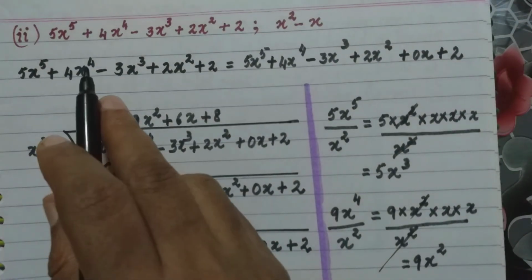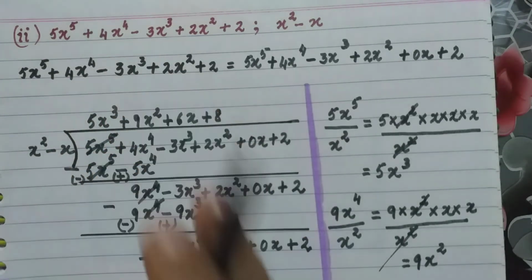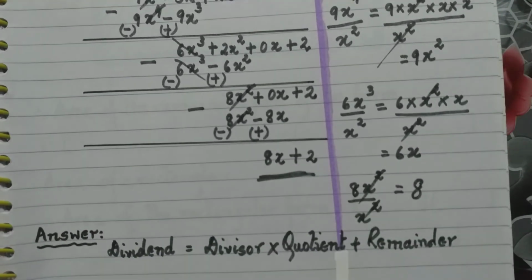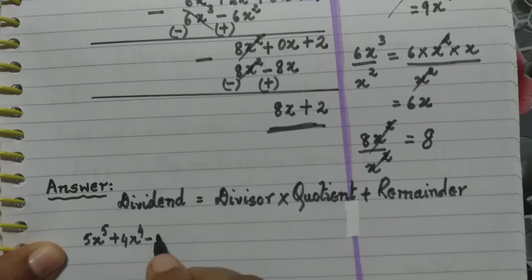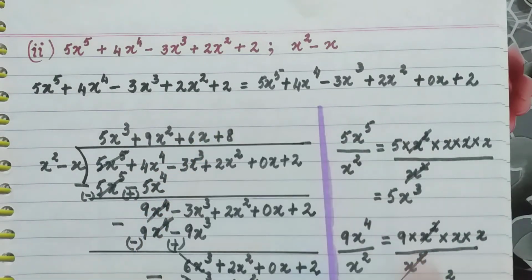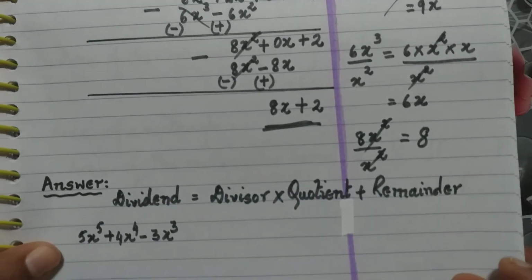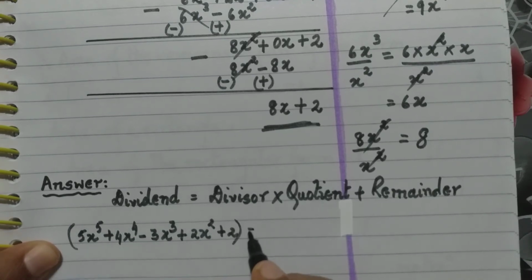The dividend which was given: 5x raised to 5 plus 4x raised to 4 minus 3x raised to 3. Let us write 5x raised to 5 plus 4x raised to 4 minus 3x raised to 3. Further, what was there? Plus 2x square plus 2. So we'll write plus 2x square plus 2. Okay, so this was the dividend.